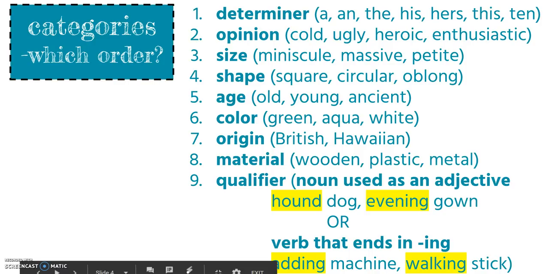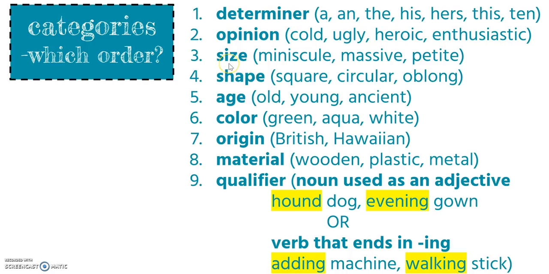We can then break adjectives down into different categories. We have categories that we call determiners. They determine which one you're talking about. A, an, his, hers. We have opinion adjectives, that describe, in my opinion, it could be cold, ugly, heroic, enthusiastic. These are opinion words because not everyone might agree.